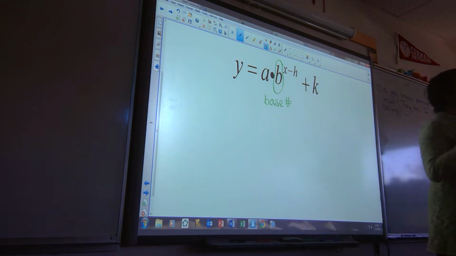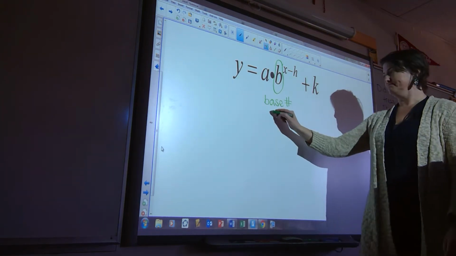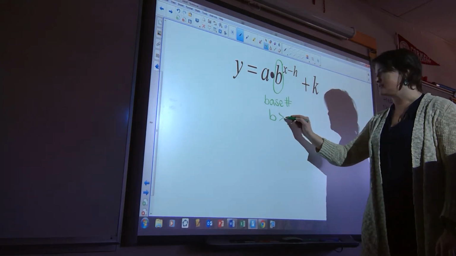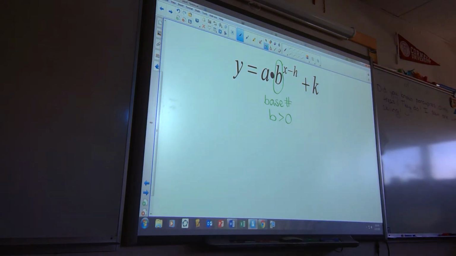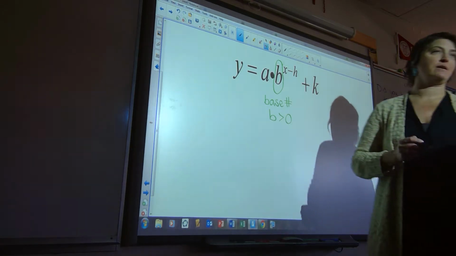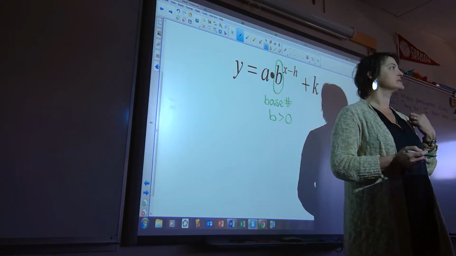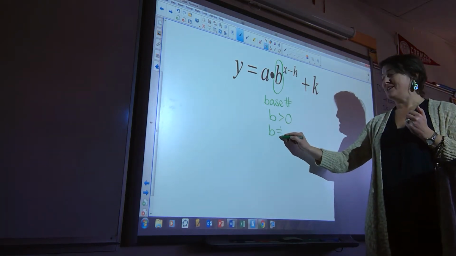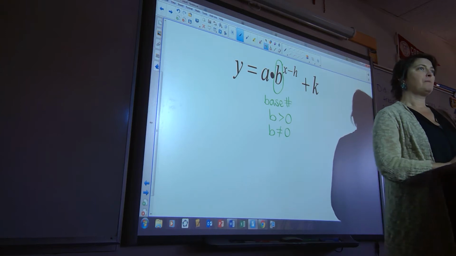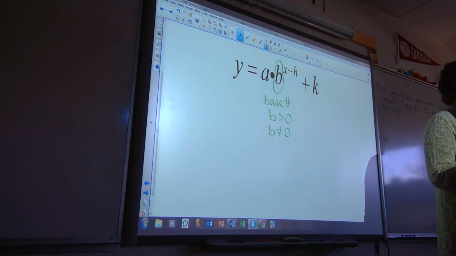And there are a couple rules about the base number. The base number will always be positive. Does it make sense to have a negative base number? If it's growing negatively, it's because there was a coefficient that was negative, not because the base number was negative. The base number will never be a 0 because something can't grow or decay if it has a value of 0.